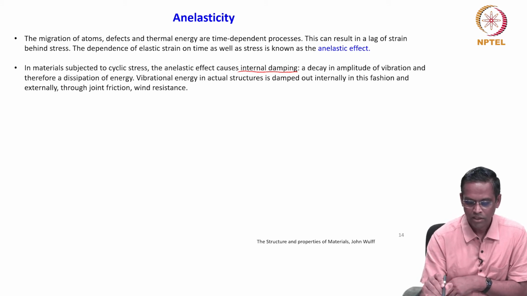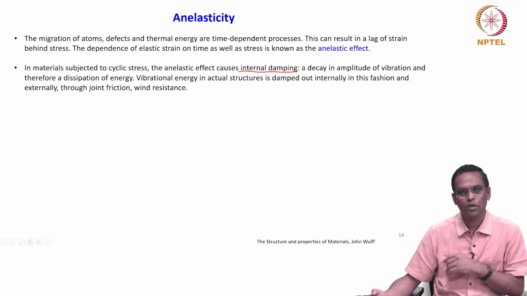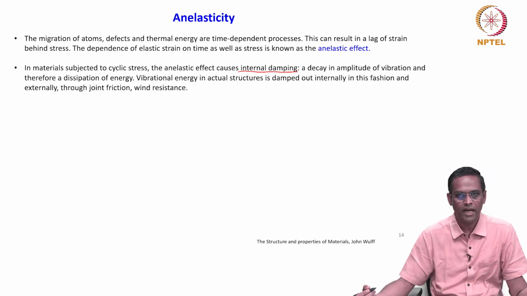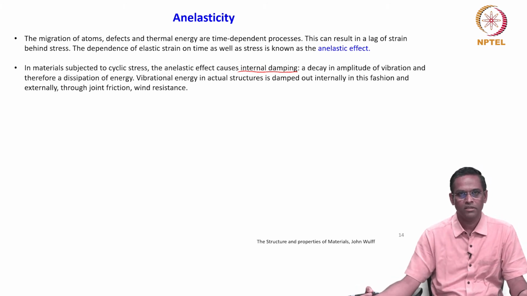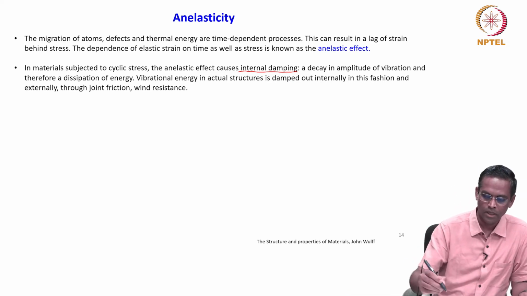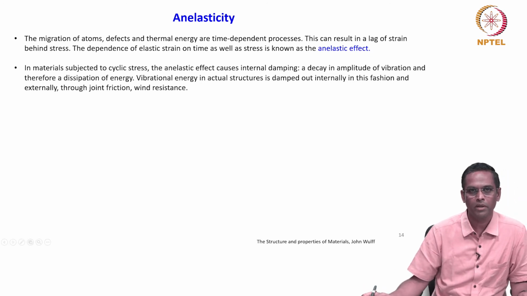Vibrational energy in actual structures is damped out internally in this fashion and externally through joint friction, wind resistance, etc. So, we are now trying to give some direct physical events for this anelastic effect. Okay. So, one of the consequences, I would say, is the internal damping behavior.